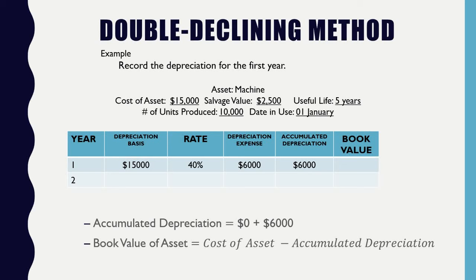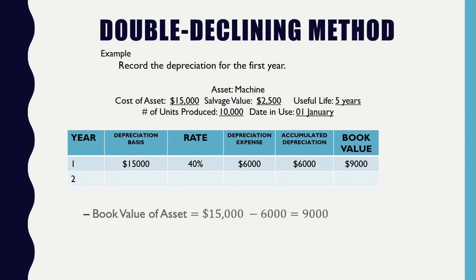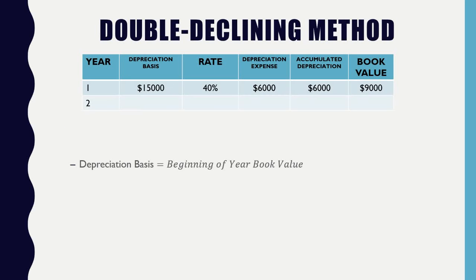Book value is going to be the cost of the asset, which we know, minus accumulated depreciation. It's $9,000. Now, because we've solved for book value in year 1, when we start off on year 2, we automatically transfer that number over.